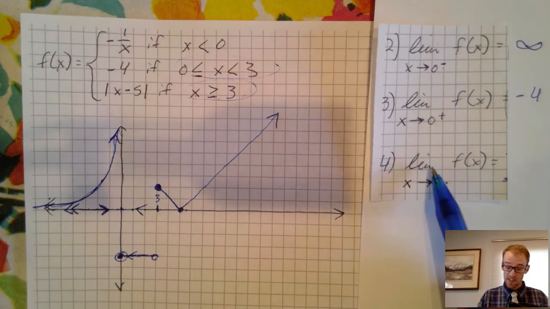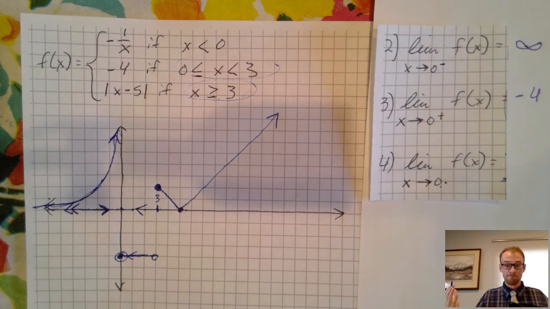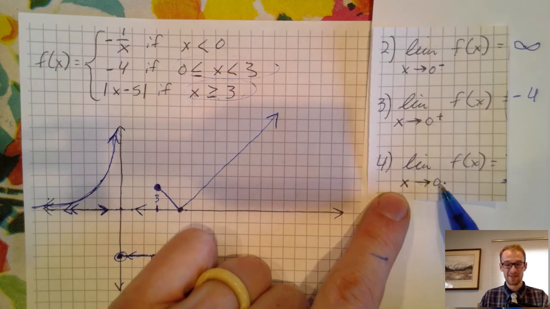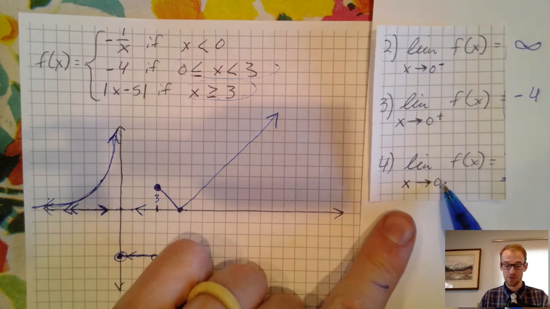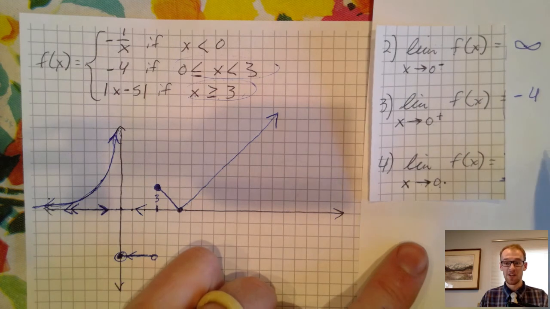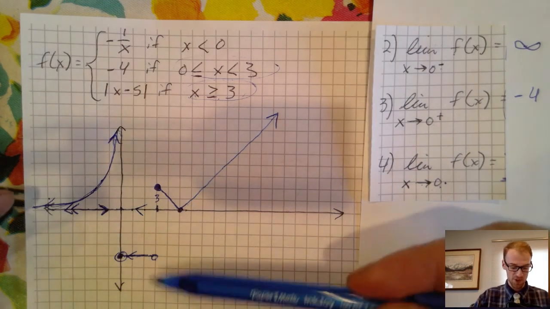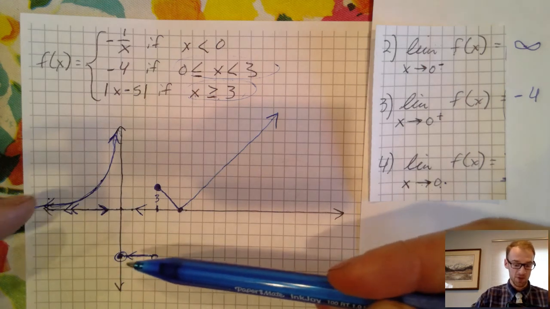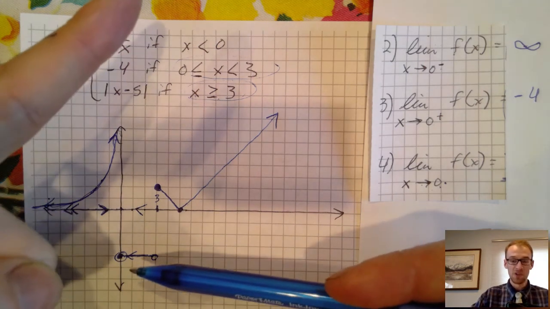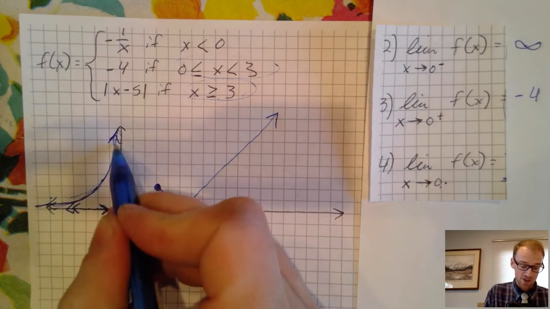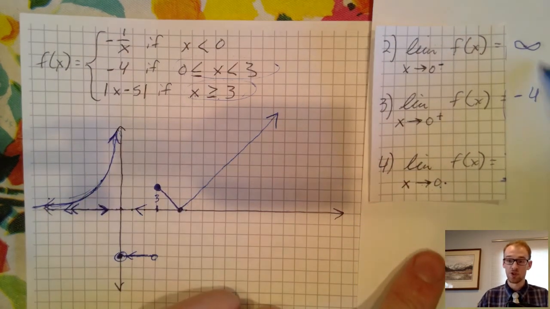Now, what is the limit as x approaches 0, period? Well, this is asking as x approaches 0 from both sides. So as x approaches 0 from both sides, what is the y value doing? And I hope you see the problem here. As x approaches 0 from the right and as x approaches 0 from the left, we go to 2 different places. Y goes to -4 and then y goes to positive infinity, which we just showed here.